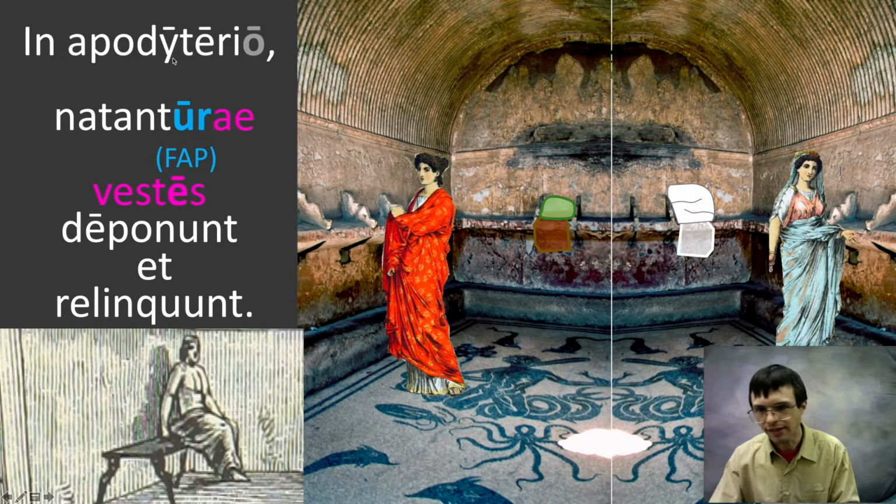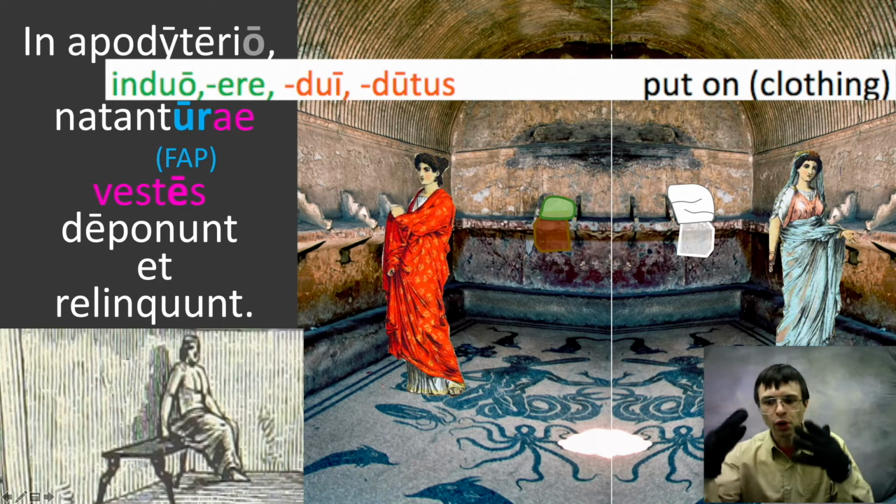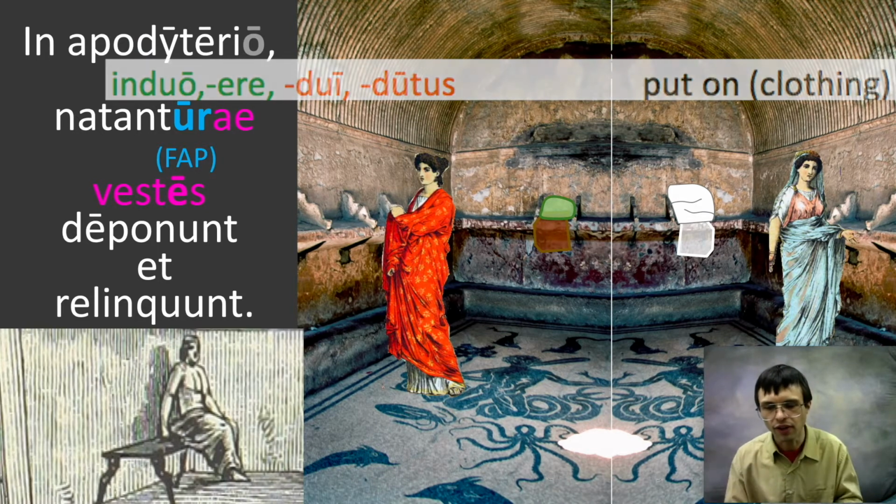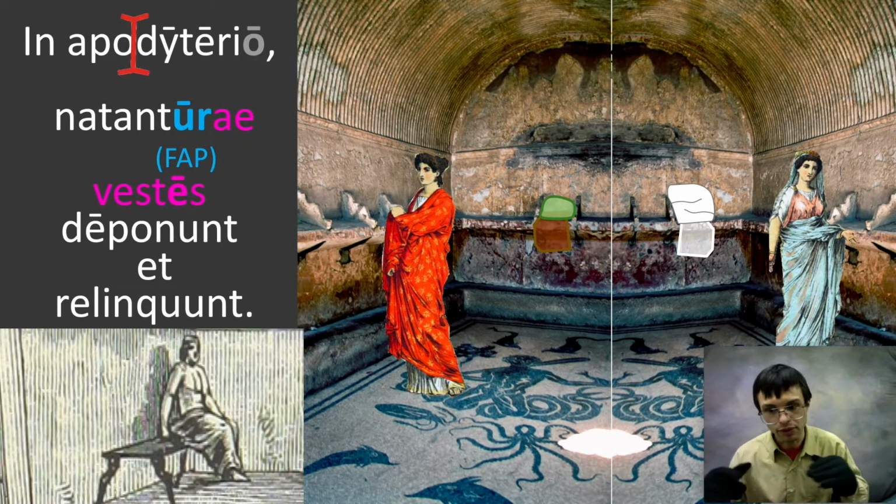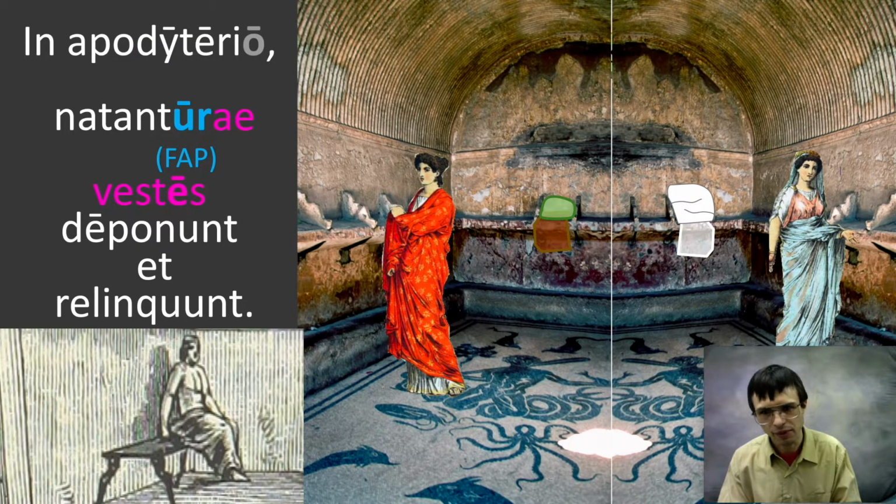So apoditerium is a Greek word. Apo means from. Dyt is the same as Latin dut. So like if you have induo, to put on clothes, apoduo would be to what? But of course we want Latin, not Greek. So in Latin it would be something like abduo and abduterium, which there is no word like that.